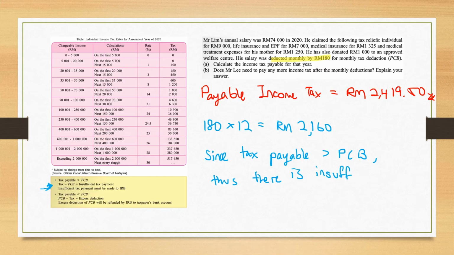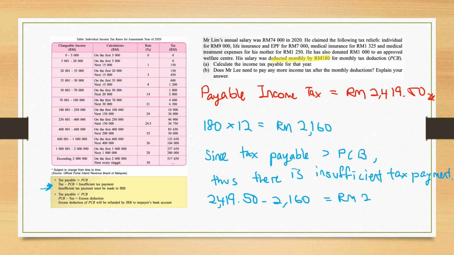Remember this particular formula here: insufficient tax payment. And then you minus it out. So 2,490 ringgit 50 cents minus 2,160 ringgit is equal to 259 ringgit and 50 cents. There you go, so that's your final figure.